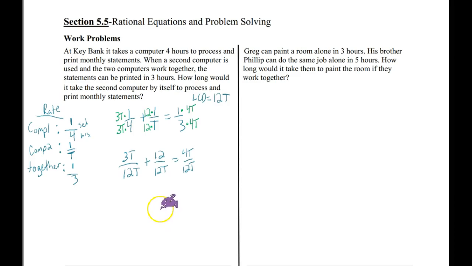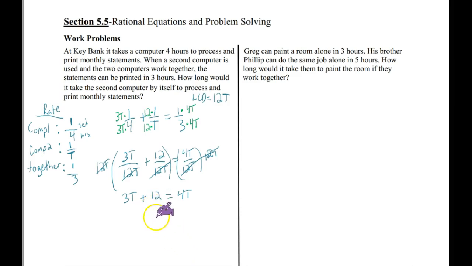Once all of our denominators are alike, we can clear out the denominators. We just multiply everything by the LCD, 12t, and the denominators all divide out. What we're left with is just the numerators. I now have 3t plus 12 equaling 4t.